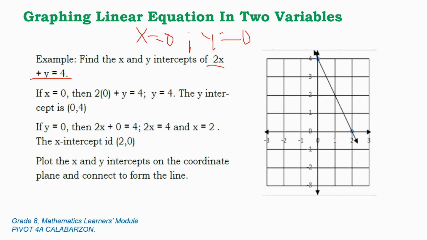So now, you can get the point. Ano pa bang yung ways natin na pwedeng gawin. y equals mx plus b. You can use that. Mas madali. Okay. For that equation, transform to this equation, y equals mx plus b, or the y intercept form.